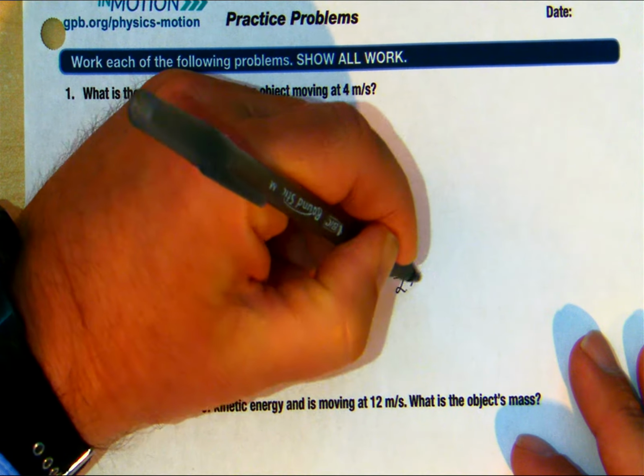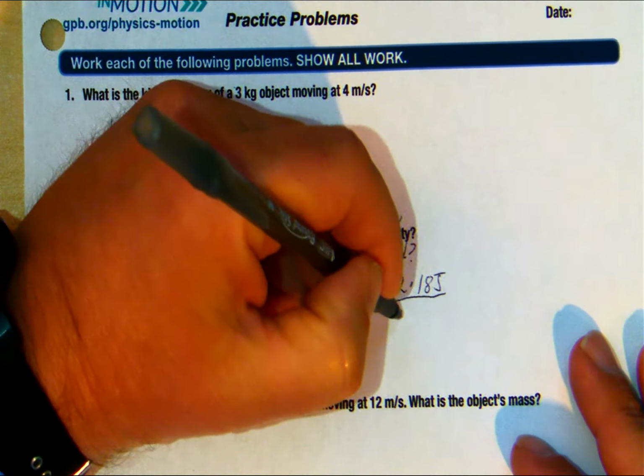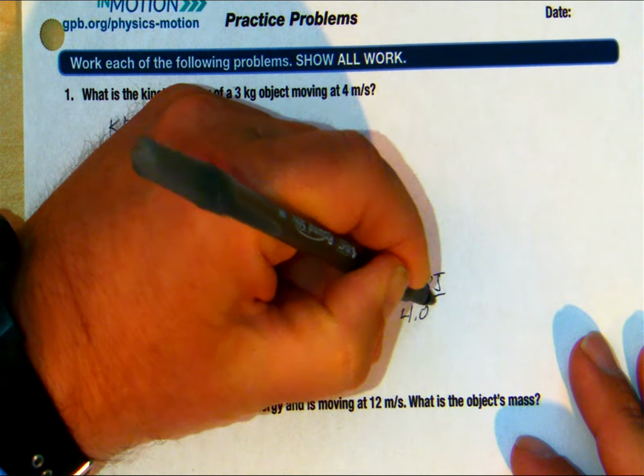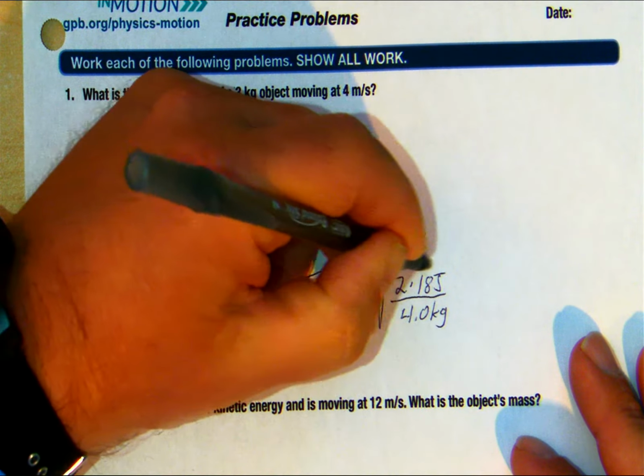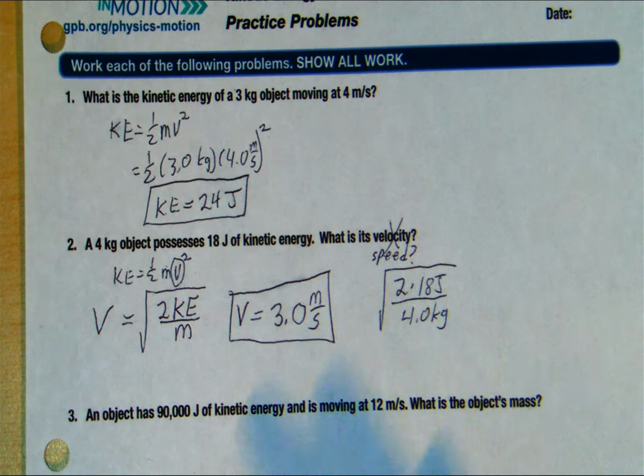And those numbers were 2 times 18 joules divided by 4 kilograms, square root. In other words, 1/2 of 9, and the square root of 9 is 3.